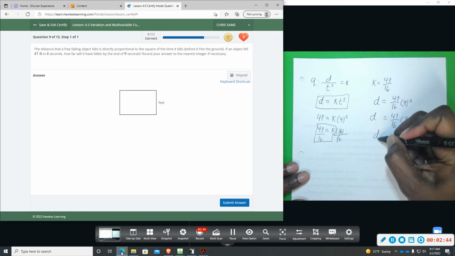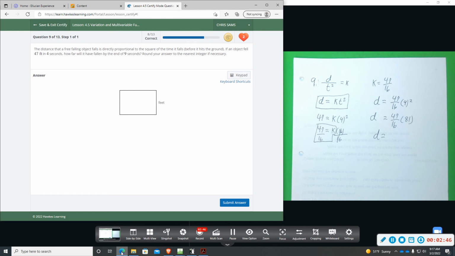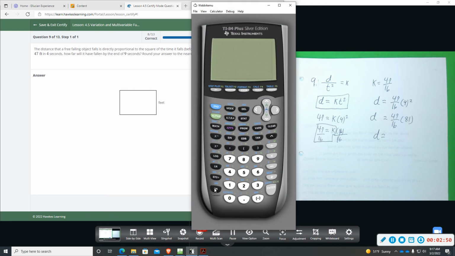So D equals... we'll just use a calculator because we're going to have some decimals. I'm going to do 47 divided by 16, and then times 81. That will give us 237 feet, 0.94, 237.94.